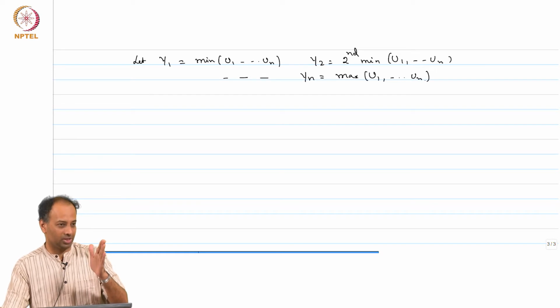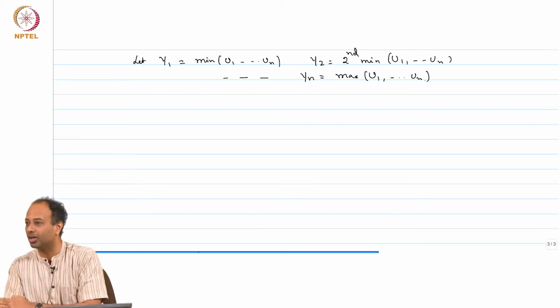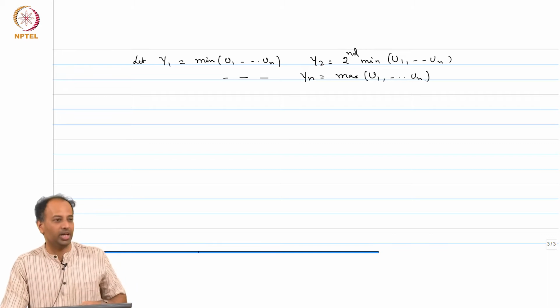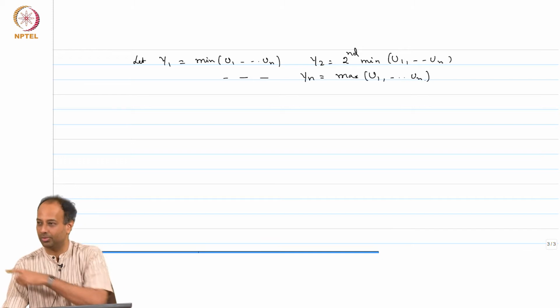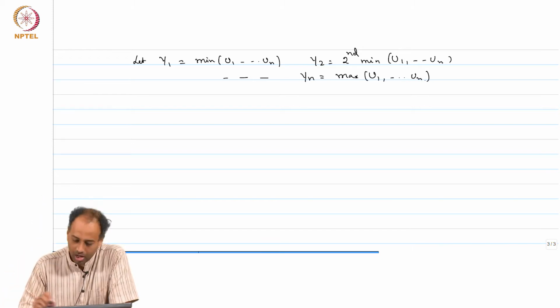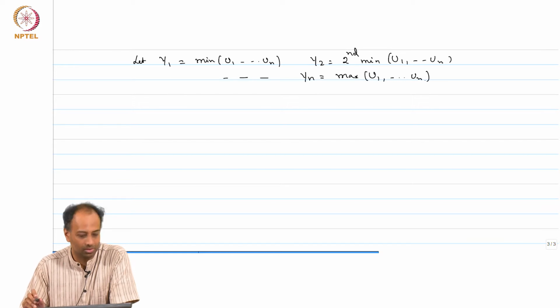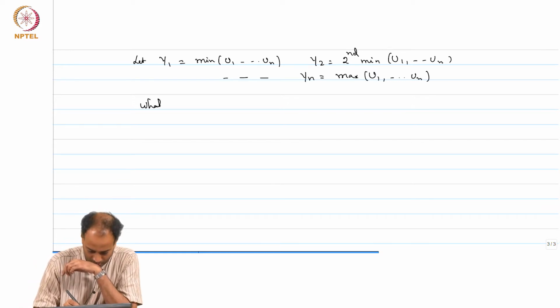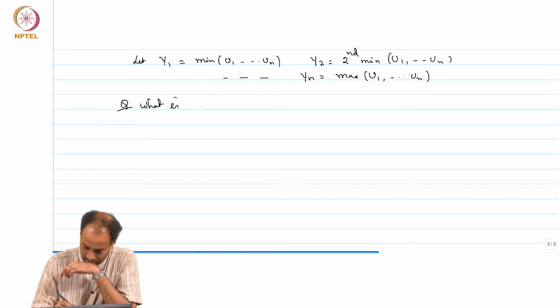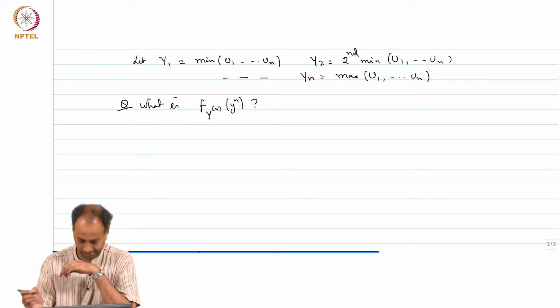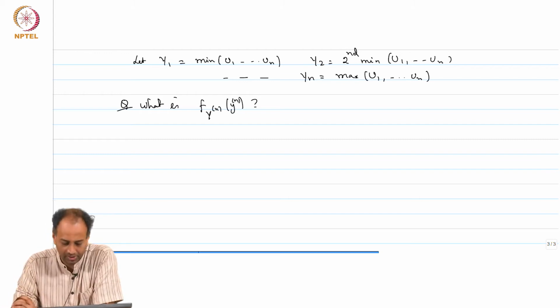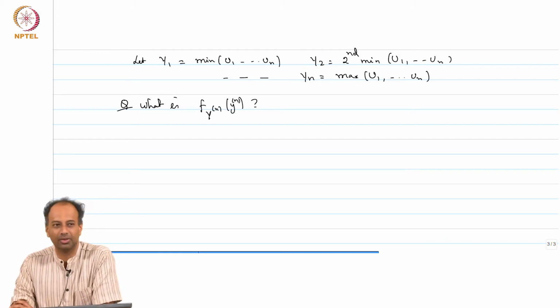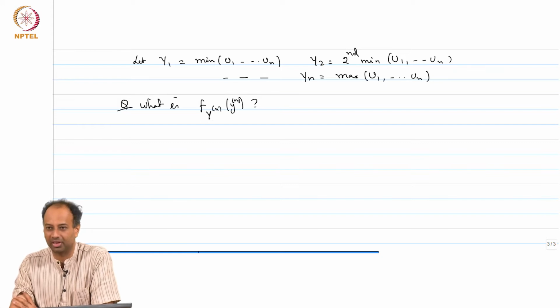Y1 is the smallest of the u's, y2 is the second smallest of the u's, and so on, right. So, these y's cannot be anything, these y's will have to satisfy 0 less than y1 less than y2 less than and so on, right. Now, for this what is the joint density is the question, okay. What is f of y1 through yn?